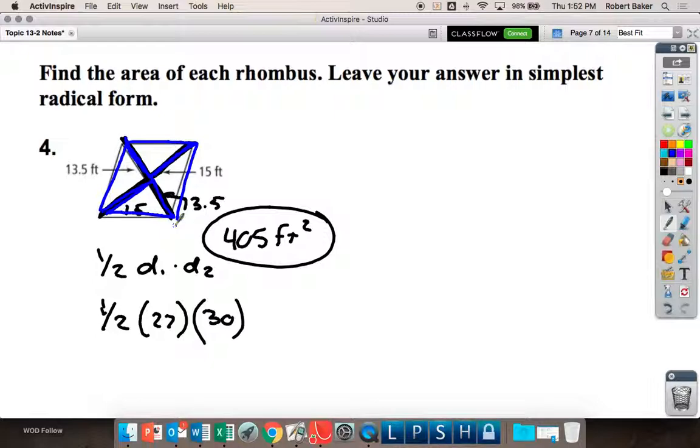Or you can find the area of this triangle and add it to the area of this triangle. Or maybe you can find the area of this triangle and add it to the area of this triangle. It's the same. And it's all going to wind up at 405.